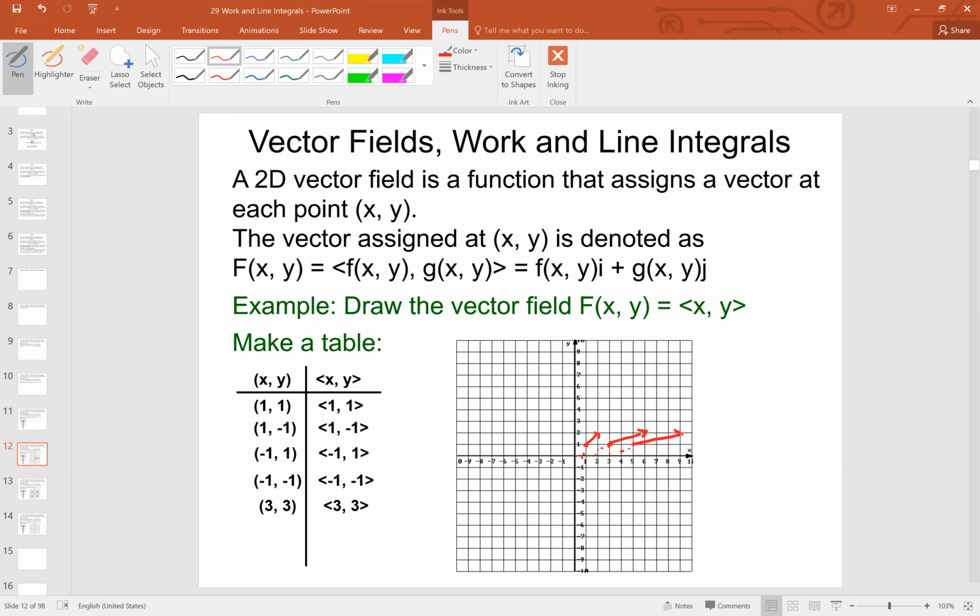As I go out, you can see the vectors get flatter and flatter. If you plot all of them, you will find an expansion of vectors like that, kind of explosive vectors.